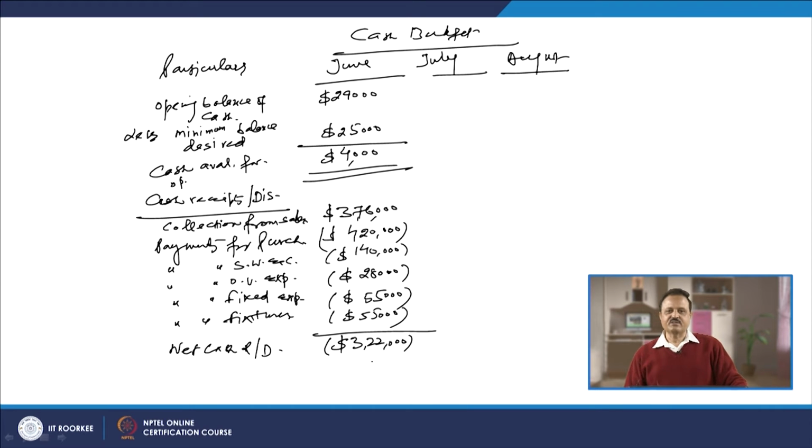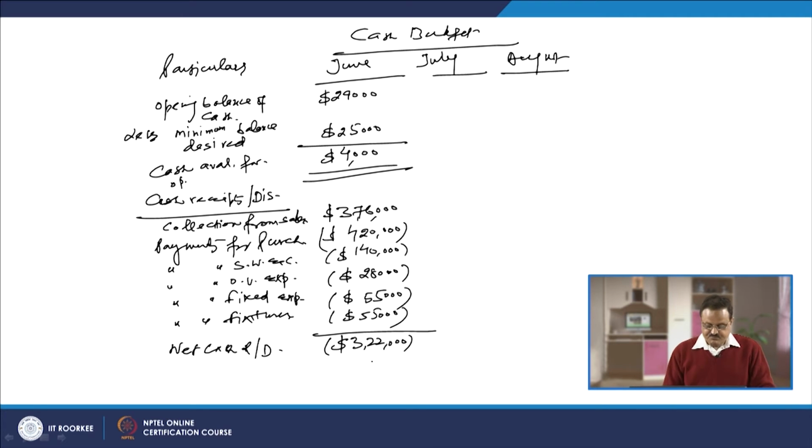It means now there is a negative balance of 322,000, taking only the 376,000 as collections and minus all expenses. But for this 322,000 negative payment, we can use the 4,000 as cash available.